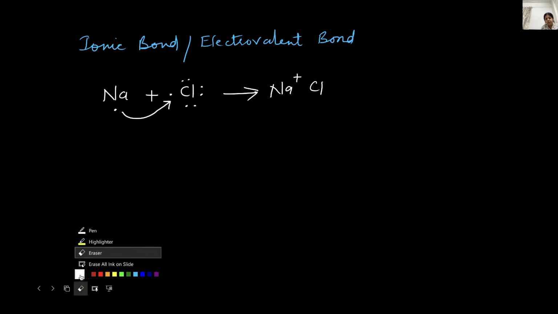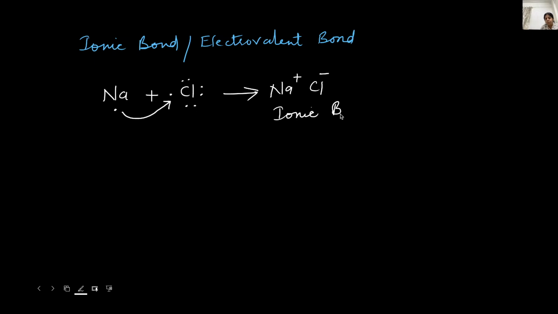So there will be a force of attraction between the positive and negative charges, Na positive, Cl negative, and the bond formation here will be of the type ionic bond. There will be the formation of ionic bond between sodium ion and chlorine ion.